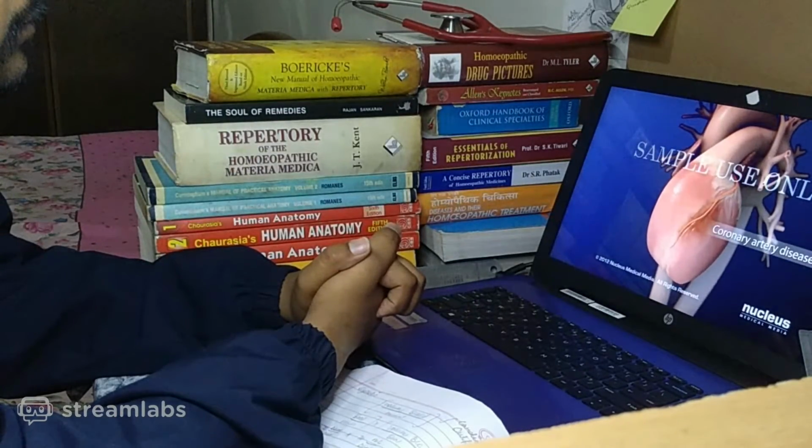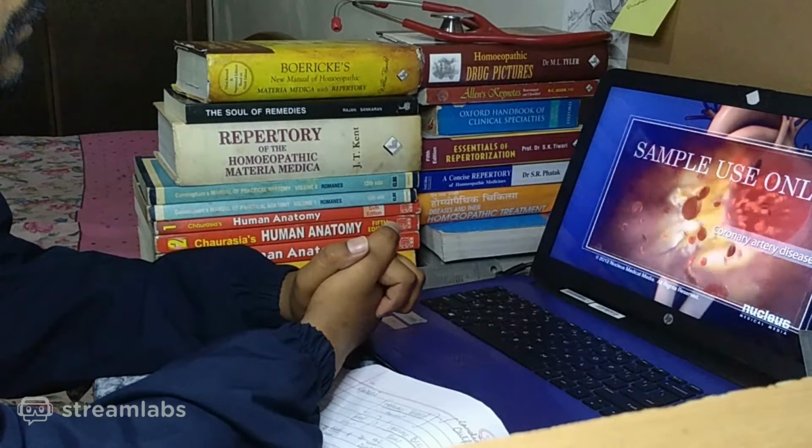The most common cause of heart failure is coronary artery disease.